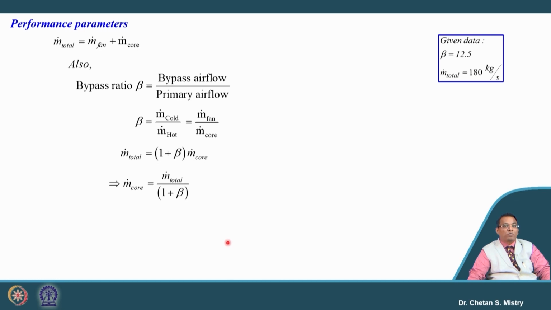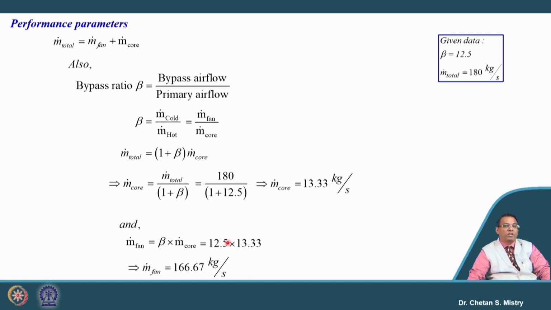My total mass flow rate is 180 kg per second, bypass ratio is 12.5. So, that gives the core mass flow rate to be 13.33 kg per second. And if we calculate our fan mass flow rate, it is 166.67 kg per second. Now, based on both core mass flow rate and fan mass flow rate, we are able to calculate the area by using our continuity equation.